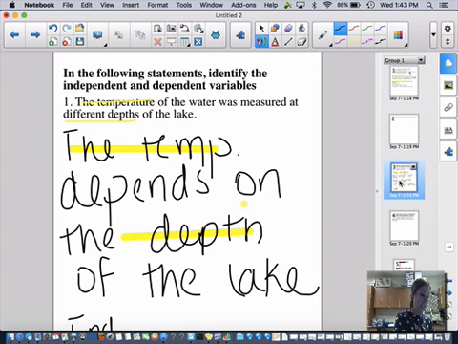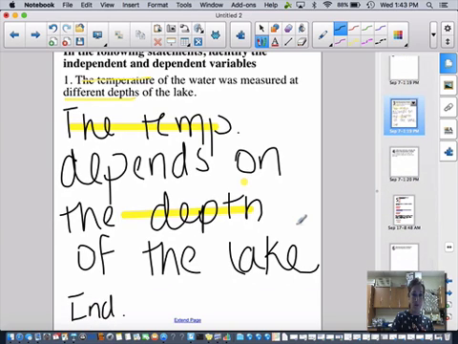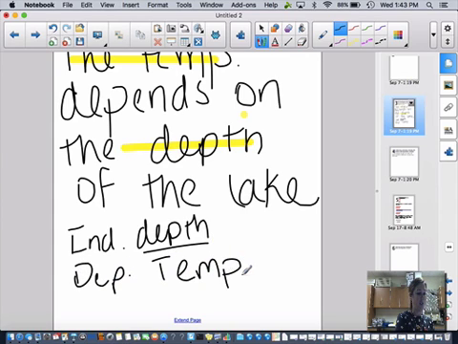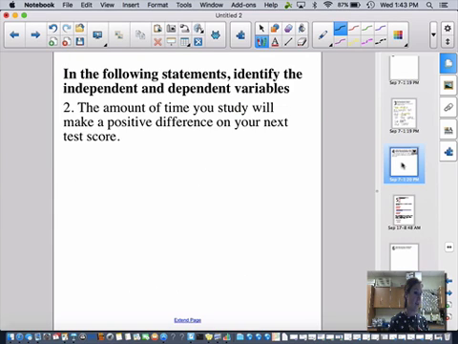So the depth, because the depth changes, the dependent variable, it causes the temperature to change. So because the depth changes, it's causing the temperature to change. So cause and effect.